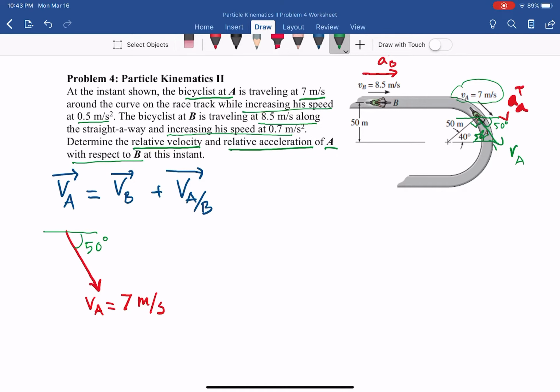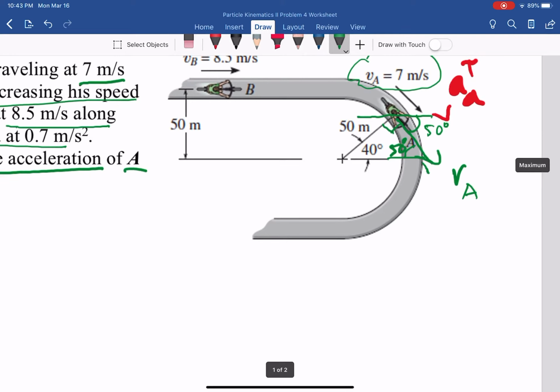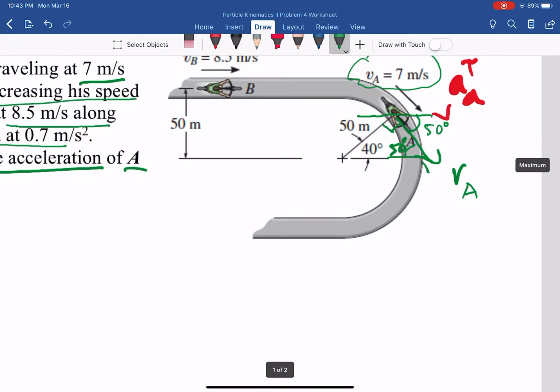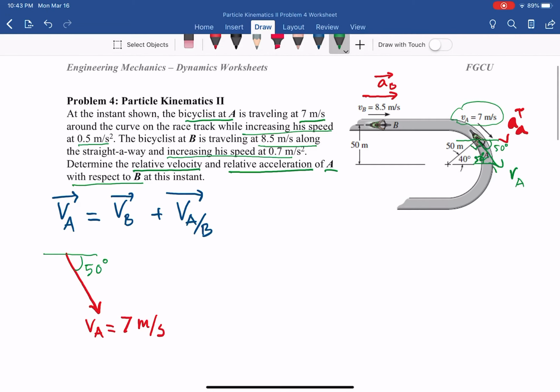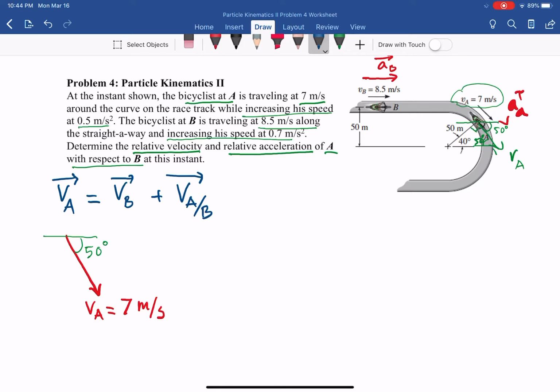So that is more challenging. You have to look at the figure, looking for the concepts of geometry, etc., so that you can make sure you find the angles correctly.